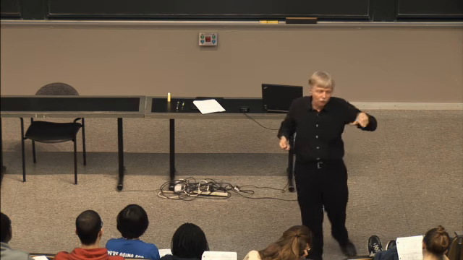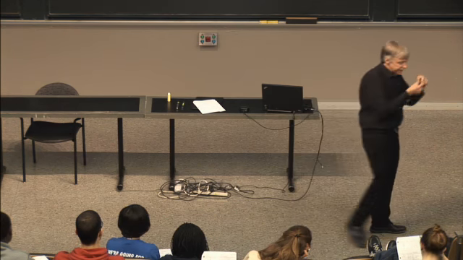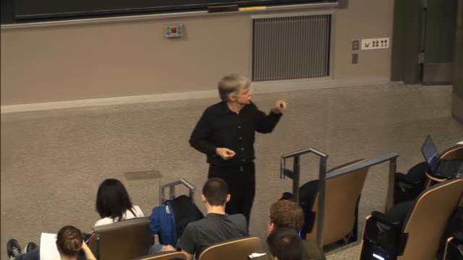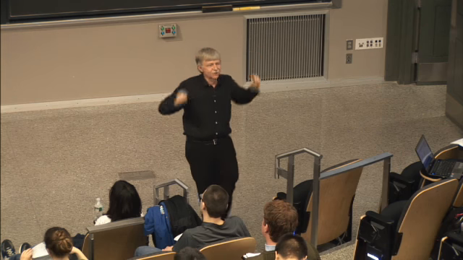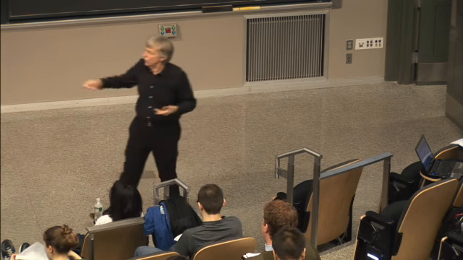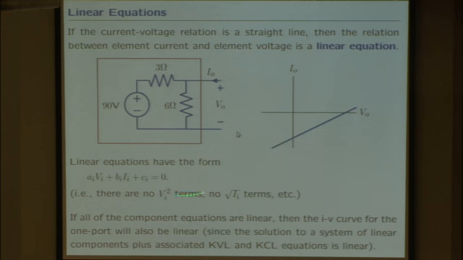Well, if we start with the assumption that each component has a straight line relationship between voltage and current, which is true for linear resistors, voltage sources, and current sources, those equations that describe those parts are what we call linear equations. A linear equation is an equation where the function of the unknowns is a, quote, linear function.